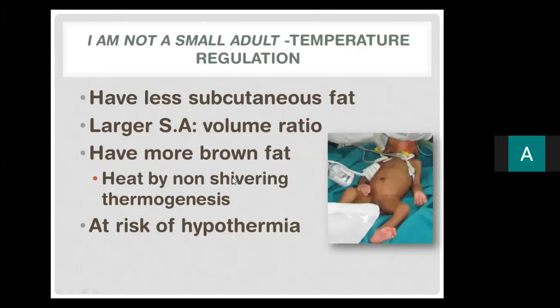And yet you have all these other things that are working against them. So despite being able to produce heat by their brown fat, they're still going to lose heat because they have a poorly developed thermal regulator. They already have a larger surface area to volume ratio. Their subcutaneous fat is much less. So that's going to work against them despite an attempt by their body to generate heat.